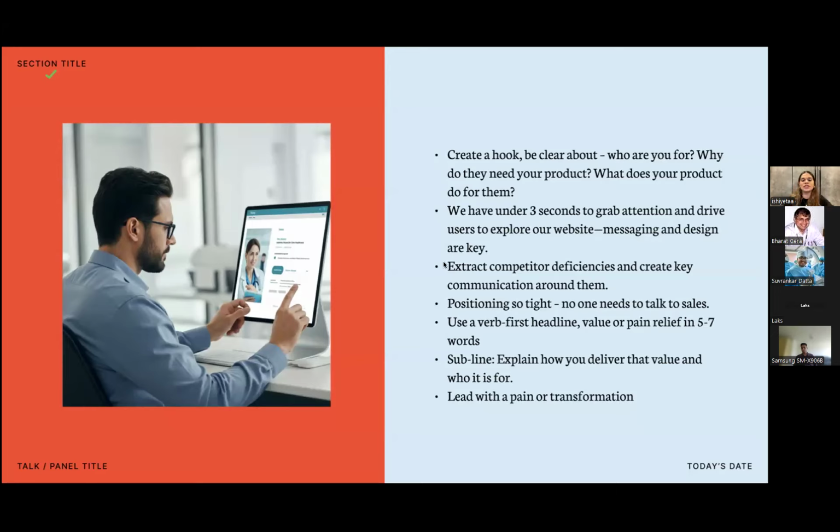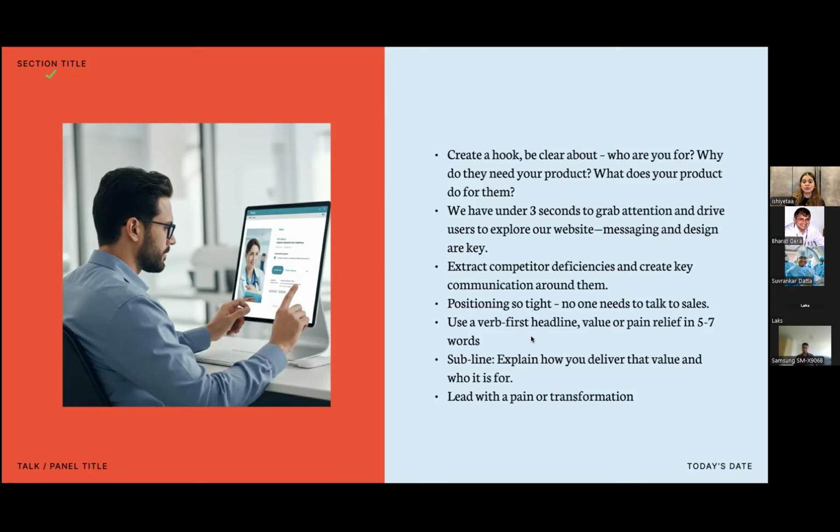Then one of the strategies that a lot of brands now use is they extract competitor deficiencies and they make them a part of their key communication. So for example, if your competitor's solution is very helpful but very difficult to use, you might say that you can do XYZ and also it's user friendly. And then positioning is so tight that no one needs to talk to sales.